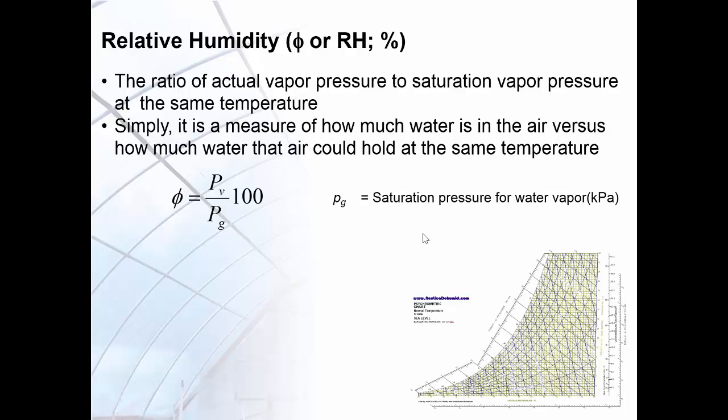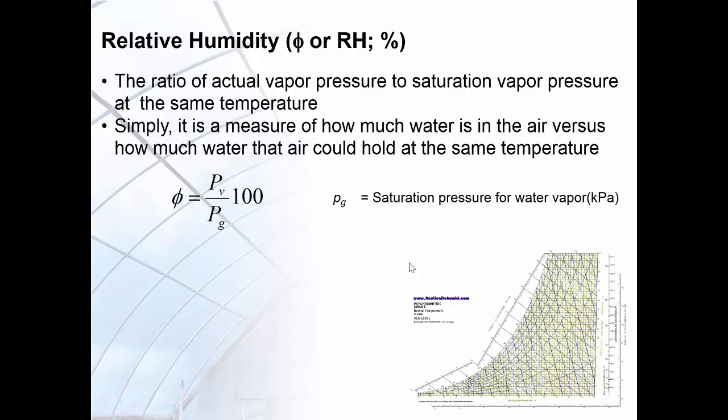I'd like to mention here that the water vapor pressure means water vapor concentration on a volume basis. However, partial pressures are commonly used in physics to represent concentration of gases.